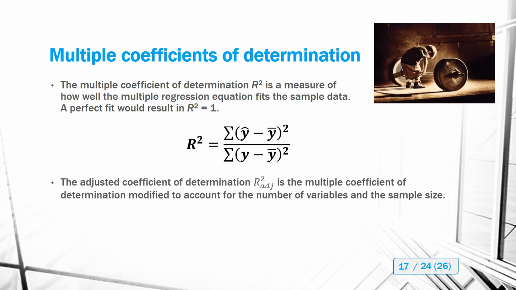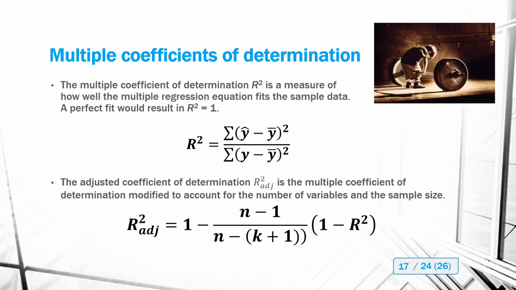This is the multiple coefficient of determination that's been modified to account for the number of variables and the sample size. So here's how we modify it to make that accounting. You can see here, it looks a little complicated, but it's not really. So remember, n is our sample size, and k is the number of predictor variables in our multiple regression equation.